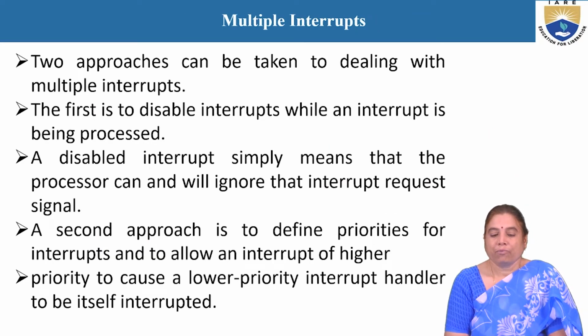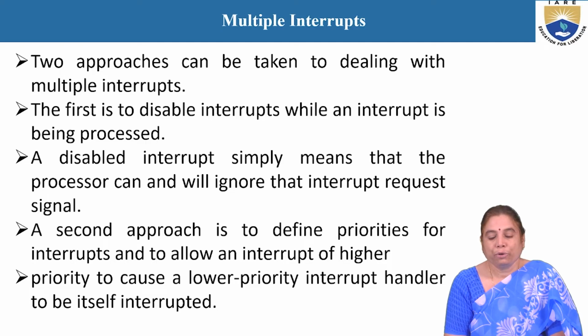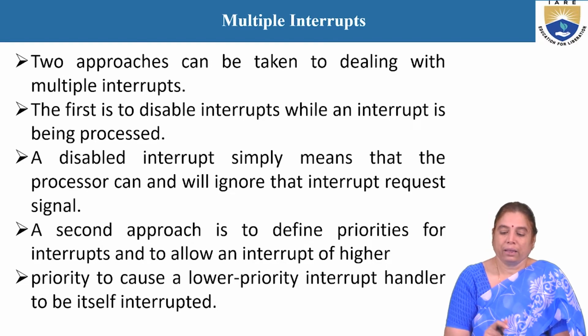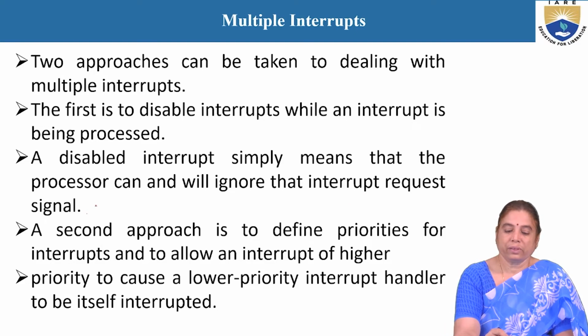In case multiple interrupts can occur, there are two approaches to handle this. The first is to disable interrupt while an interrupt is being processed. A disabled interrupt simply means that the processor will ignore the interrupt request signal.